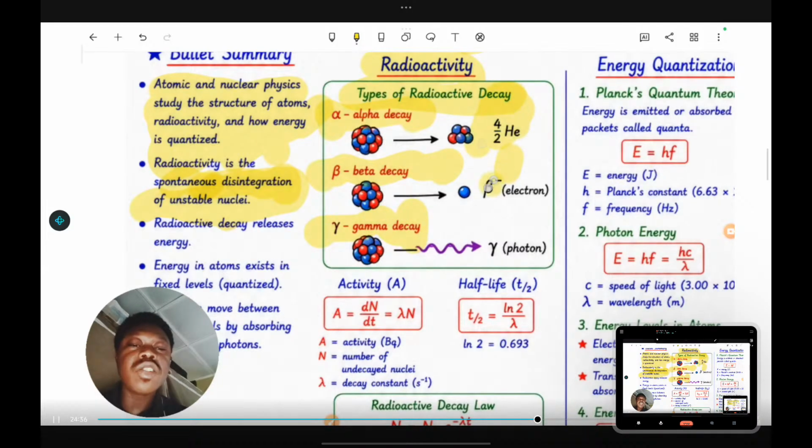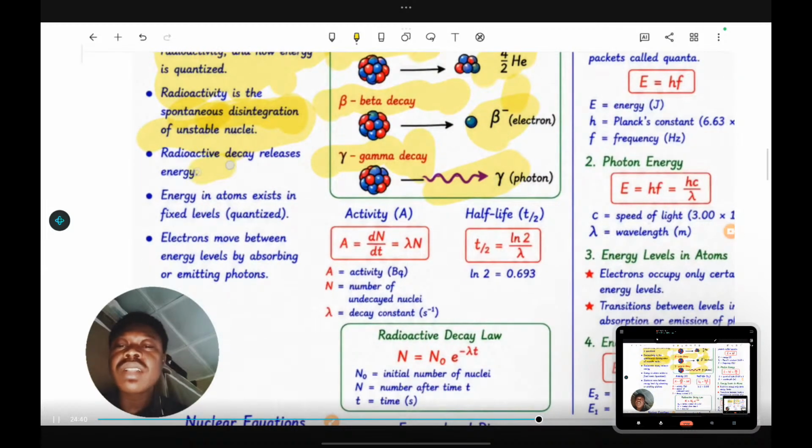And these are the nature of your formulas. Observe this. Radioactive decay releases energy. It gives out, so it means you subtract. Energy in atoms exists in fixed levels, which we call quantized. Electrons move between energy levels by absorbing or emitting photons. Alright, so take note of this.